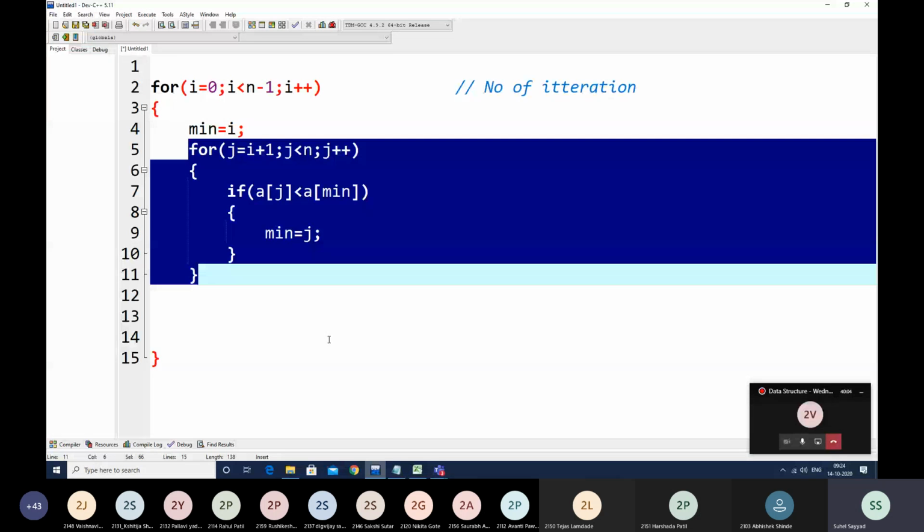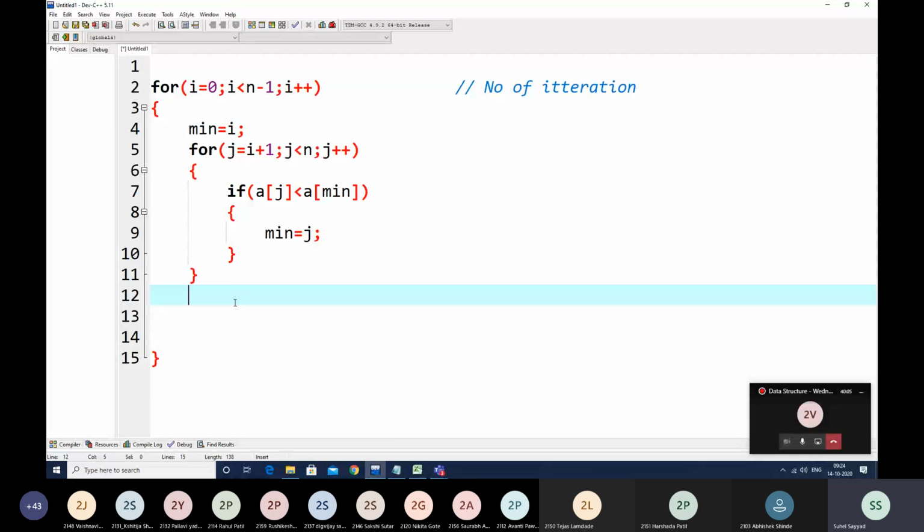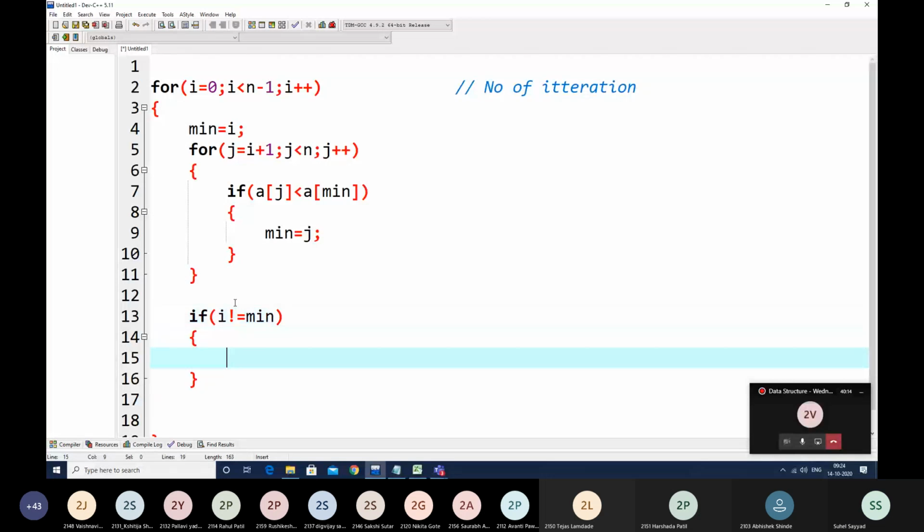So after we write this for loop, if I and min are different, they are not equal, means there is a need of swap. The moment you find them to be equal, you will not come inside this condition, and in that case swap statements will not be executed. So here we'll write the swap statements.